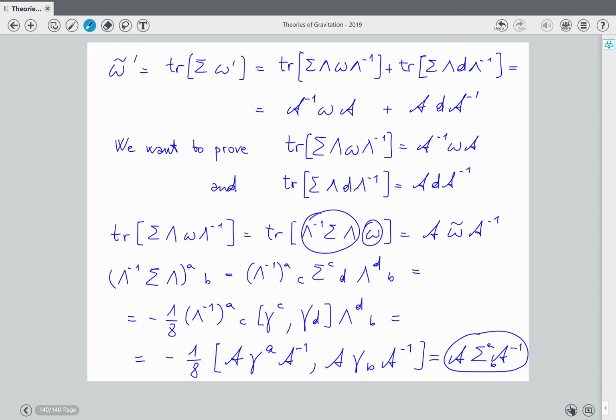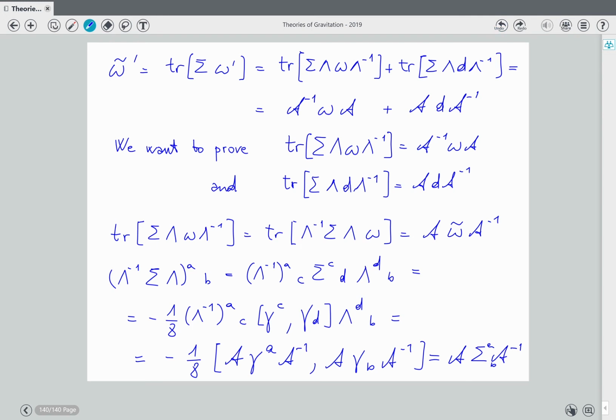So the trace is on what indices? Remember, the trace is on flat space indices. The flat space indices are here and here, yes. But these matrices have nothing to do with flat space indices. They act on the spinorial indices, and they are the only ones that act on spinorial indices.